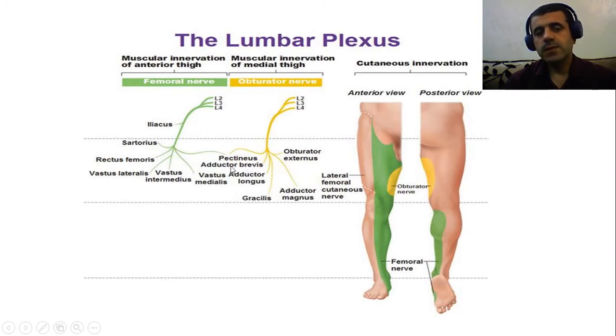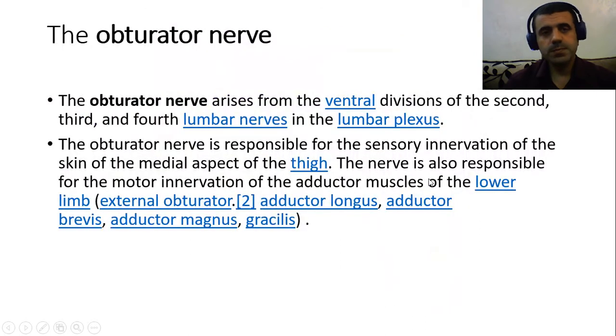Pectineus, take care about that. Pectineus is supplied by the femoral nerve, while adductor brevis is supplied by obturator nerve. And this is the skin area which is supplied by the obturator nerve.